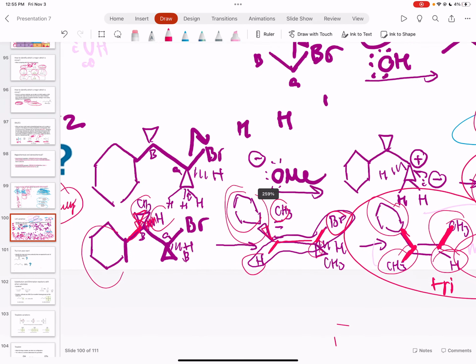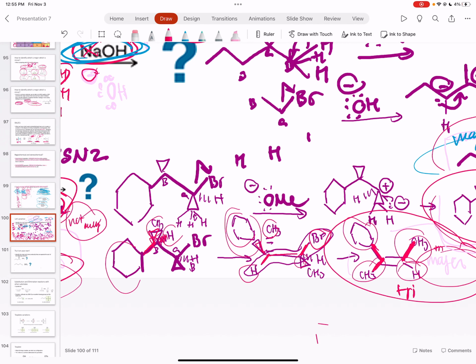Some rules that we have to remember, for example, when we learned the steering wheel method for E2: the bromine and the leaving hydrogen have to be on normal bonds. Normal bonds means that it's not on a wedge or on a dash. So the bromine is on a normal bond, but our hydrogen is not. So we're just going to rotate. You can see that I have my dash, my wedge, and my normal bond. I kept them in the same order of dash, wedge, and normal bond.